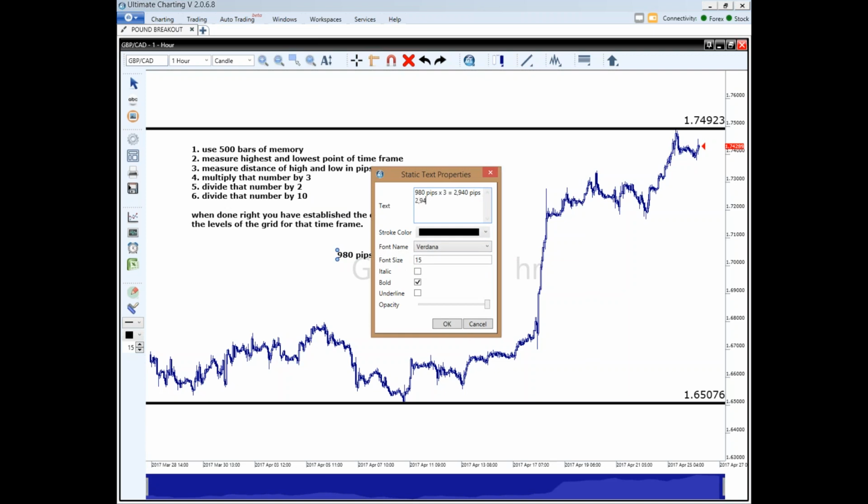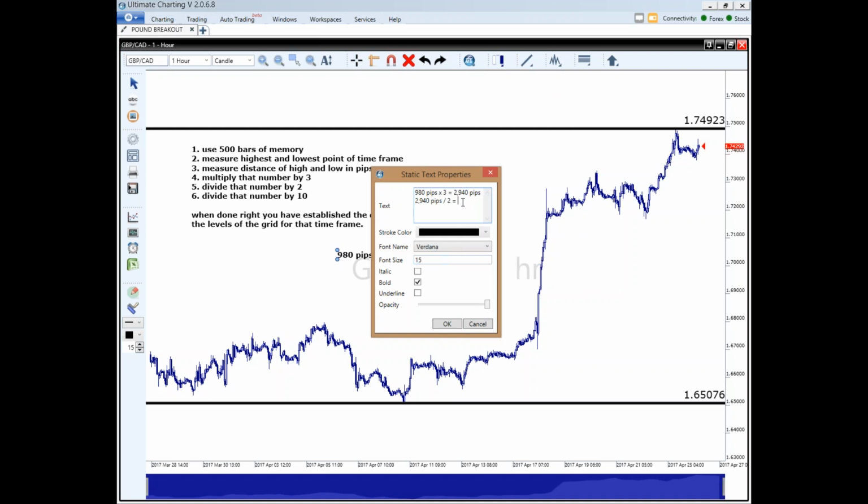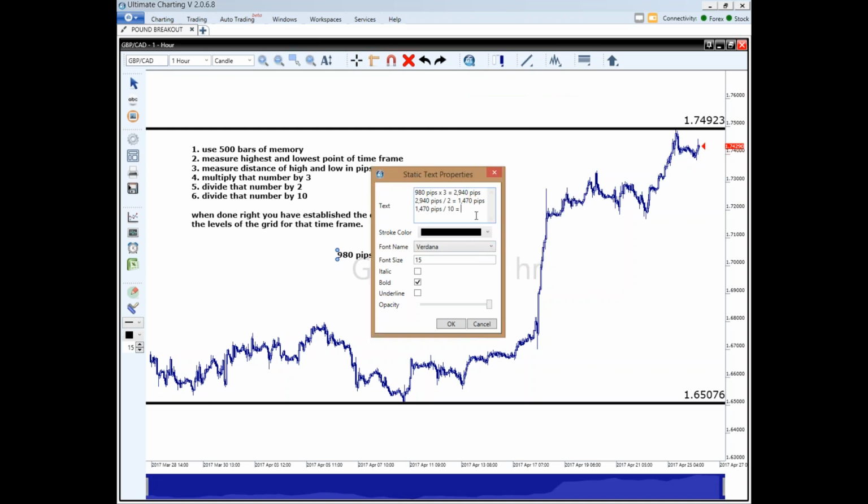So we take 2,940 pips and divide that number by 2. It gives us 1,470 pips. We take 1,470 pips and divide that by 10. And what that does, that gives us the final number, 147 pips.